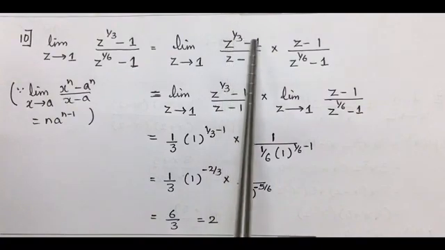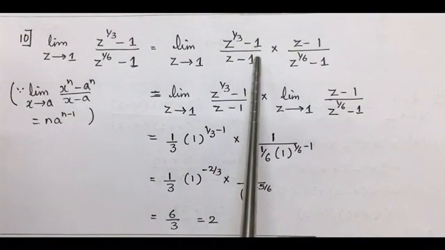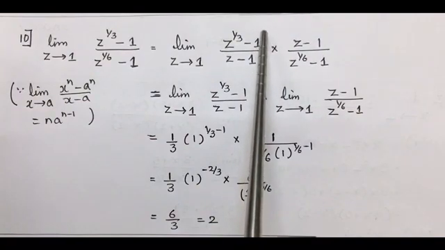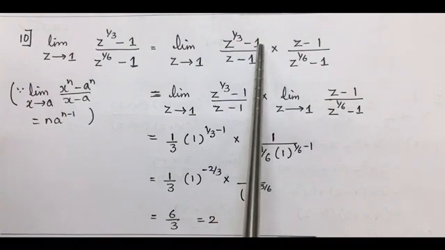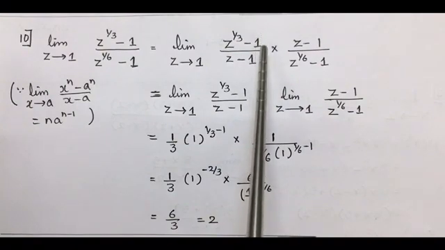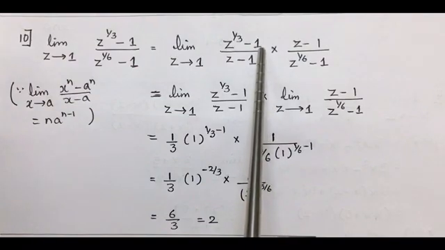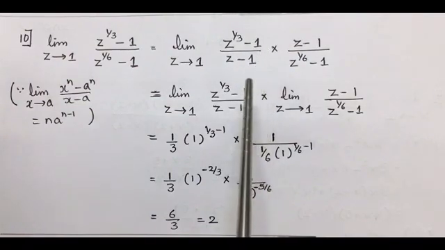Z raised to 1 by 3 minus 1 is written as it is. Now 1 raised to 1 by 3 is not written, but 1 raised to 1 by 3 will be 1 only. So even if we don't write it, it will do.